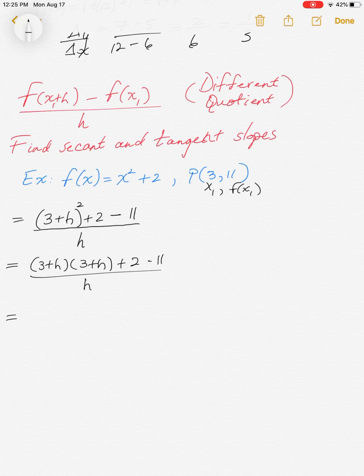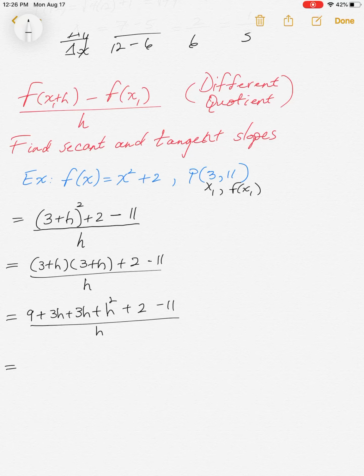All right, the next thing, you go through and continue the simplification. We're going to double distribute there, and we'll have 9 plus 3h plus 3h plus h squared plus 2 minus 11 all over h.